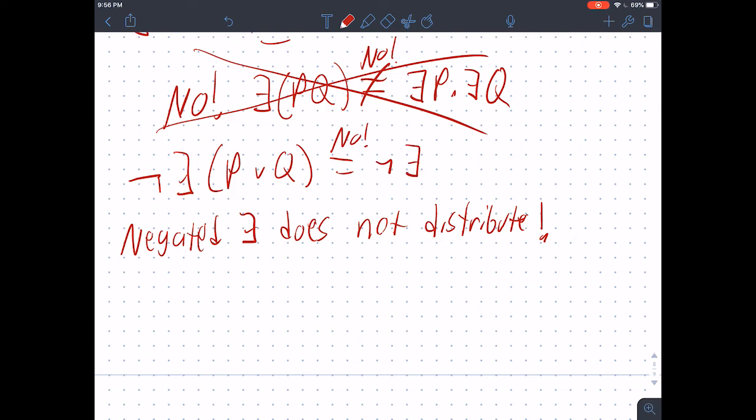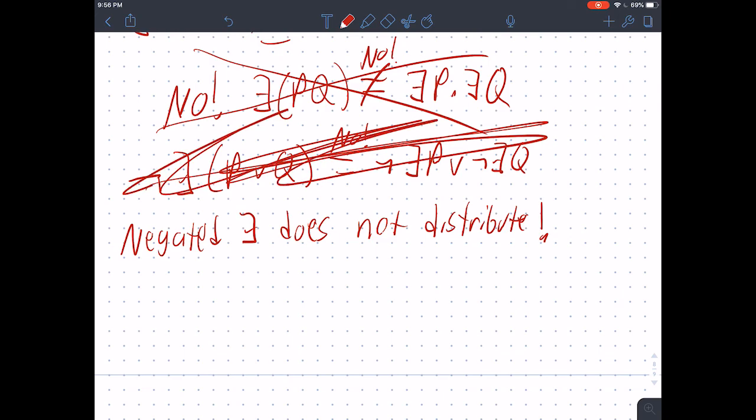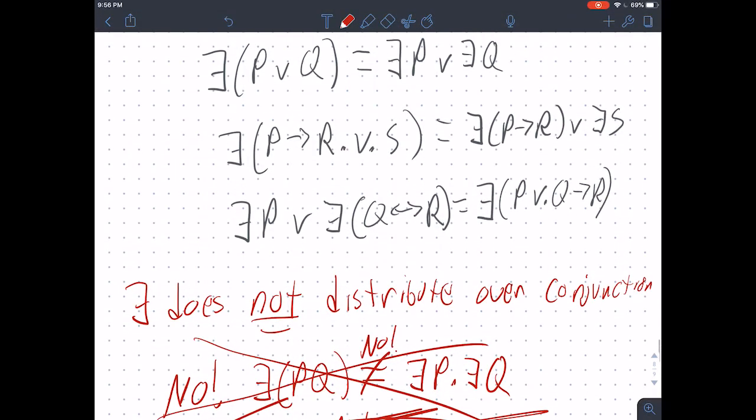This is an example of something that's wrong. Okay, cool. So no, bad. Don't do that. Okay, so those are the two restrictions.